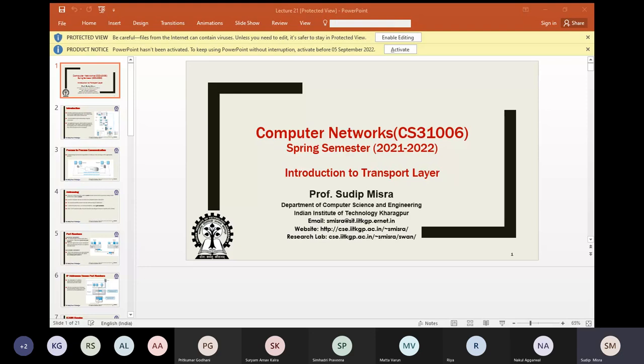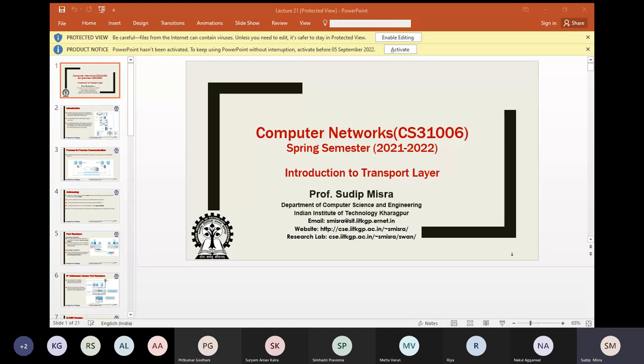Now, what this transport layer is actually doing is facilitating communication between these two processes. So from the network layer, you get the packet.